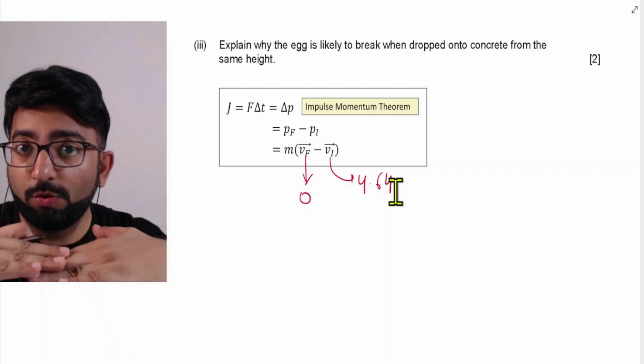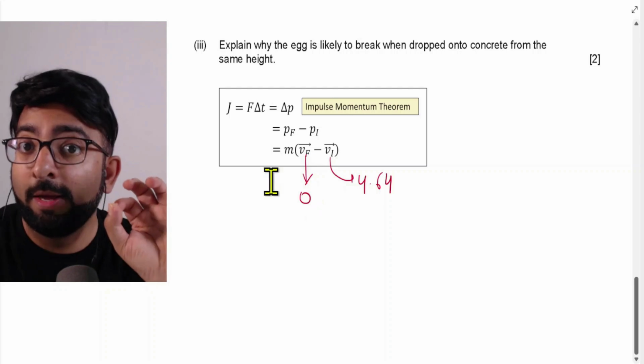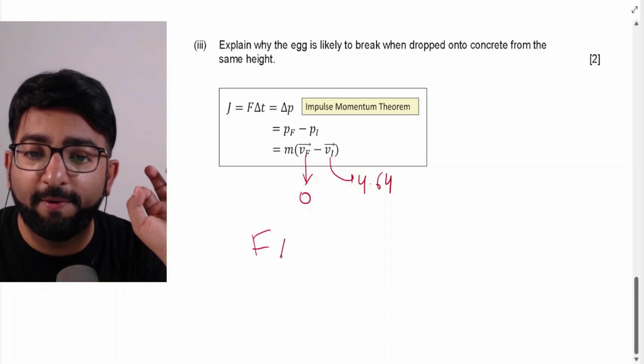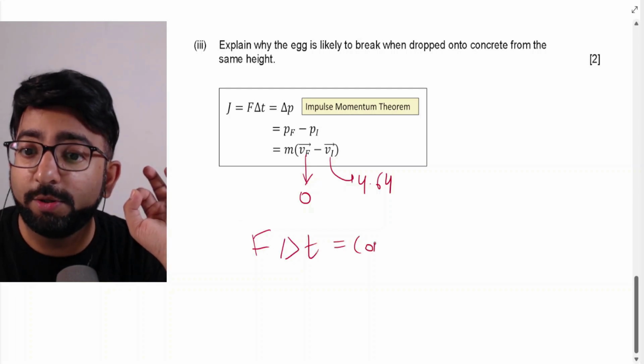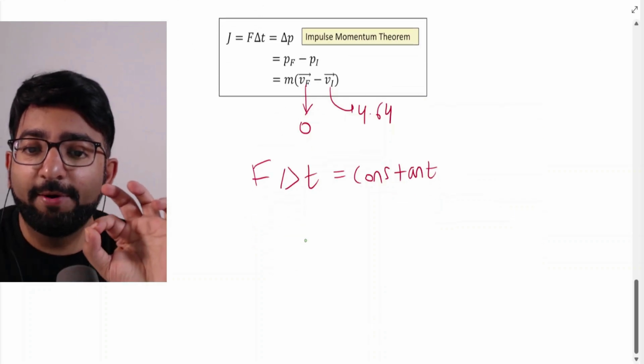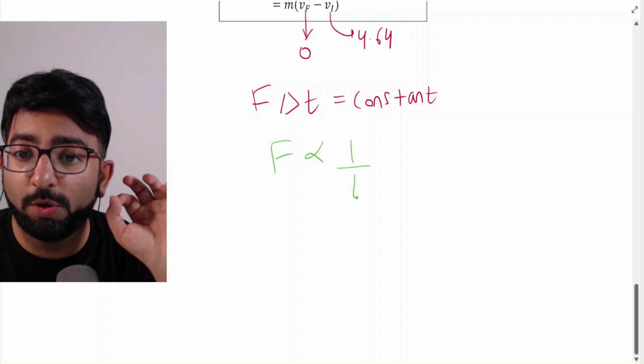It could be the ground or it could be concrete, but the initial and final velocities are the same. So we can write F delta T is a constant for both cases, concrete as well as ground. Since F times delta T is a constant, force is inversely proportional to time.